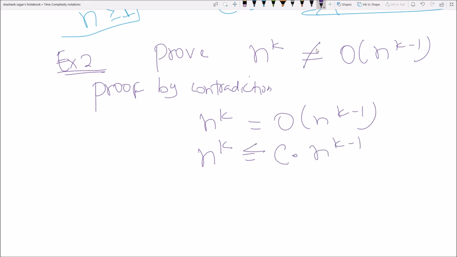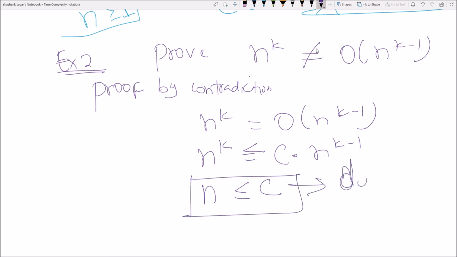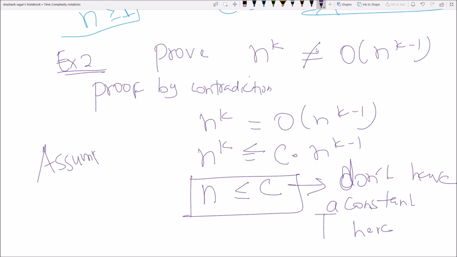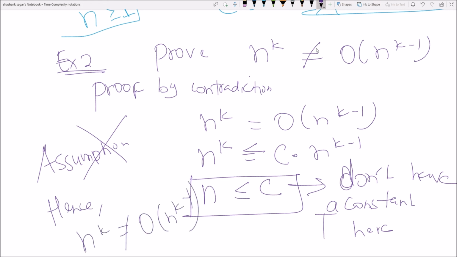So cancelling n to the power k minus 1 from both sides, we will get n is smaller than or equal to c. As you can see here, we do not have a constant here. So our assumption was wrong. Hence n to the power k is not O of n to the power k minus 1. Proved.